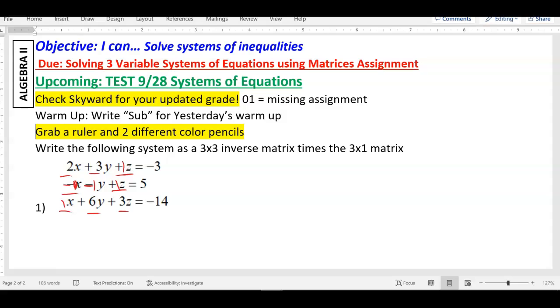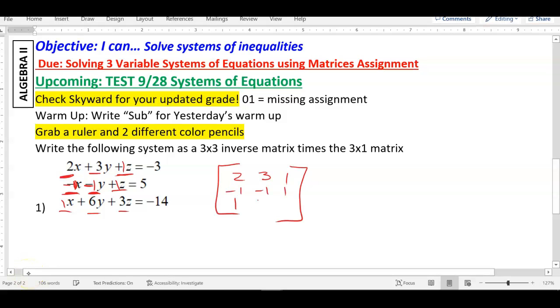But when we write it, in my big 3x3 matrix, I'm going to put 2, 3, and then 1. Then -1, -1, and +1. Then 1, 6, and 3.